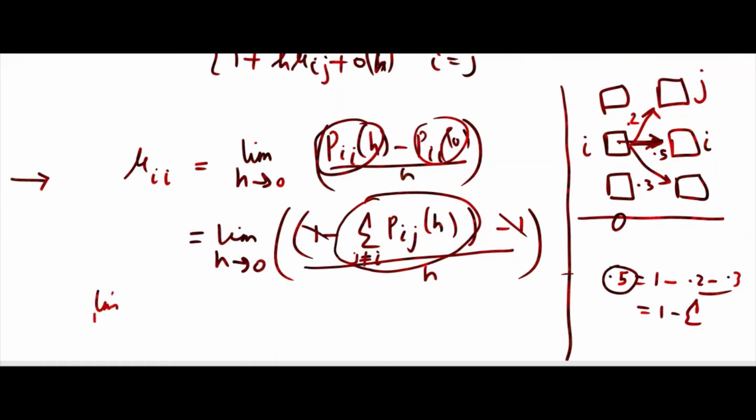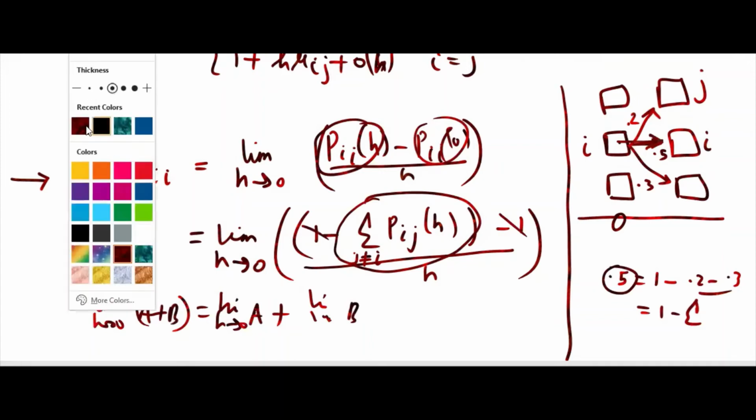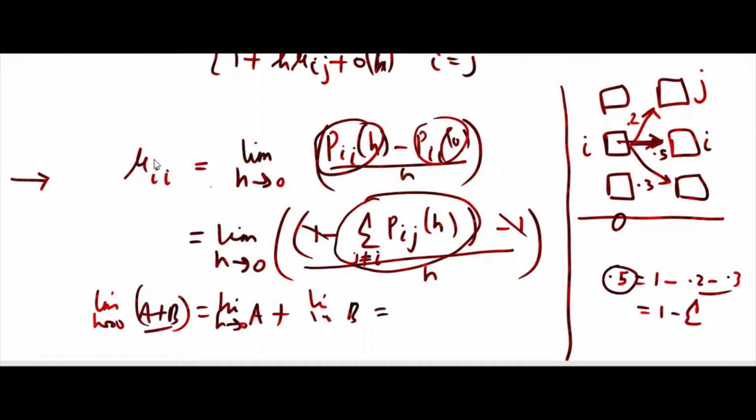The summation you can take out. It's like this: limit h tends to 0 of a plus b is equal to limit h tends to 0 of a plus limit h tends to 0 of b, this way. So if you write limit here, then this is limit of summation. This one is summation of limits.